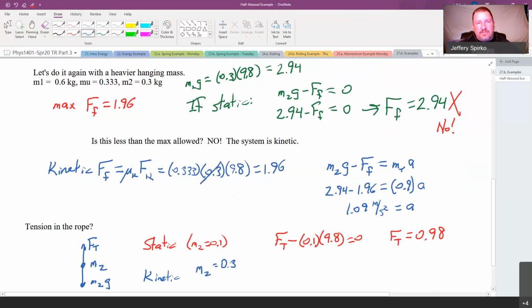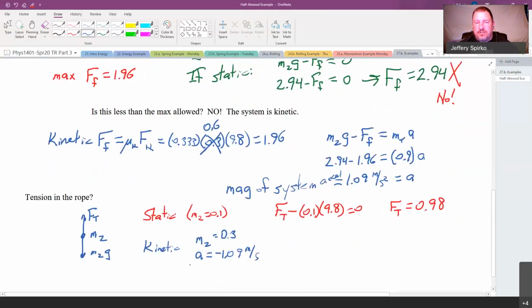Hang on, I made a mistake up here. This was 0.6. Sorry, that's corrected now. I copied the result, but I wrote the wrong work up here. And A equals negative 1.09 meters per second squared. So up here, this is the magnitude of the system acceleration.